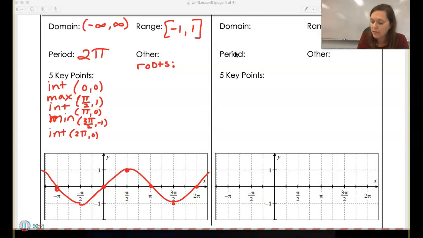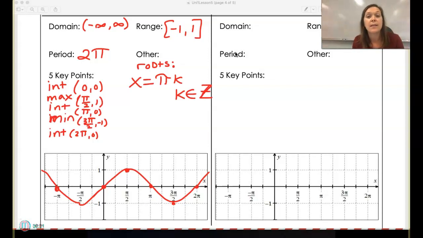So how do we write that out in notation? My roots are going to be when x is equal to pi times some number k, where k is an element of the integers. That's my double-struck Z, and that kind of looking E means it's in the set of all integers. That's where your roots occur. It's definitely bounded above and below.